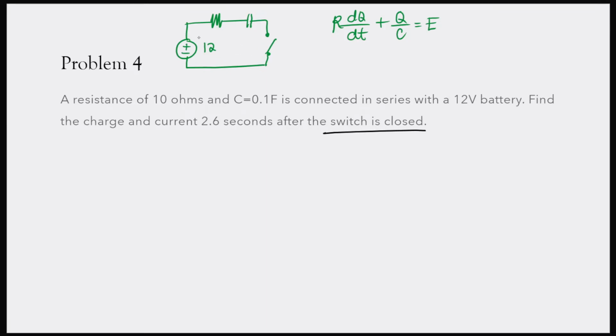It will not cross to the other side. So no current: I is equal to 0. Since I is equal to 0 and Q is equal to It, therefore Q is equal to 0 when time is less than 0. That is our condition.